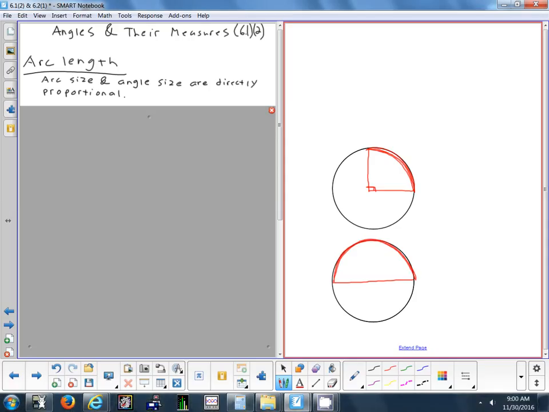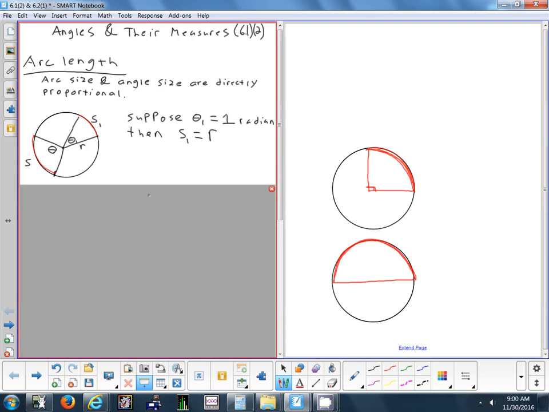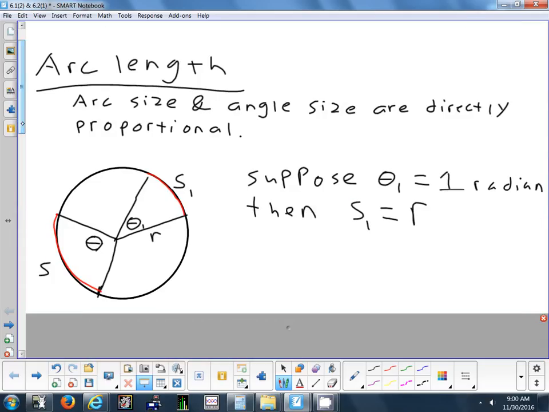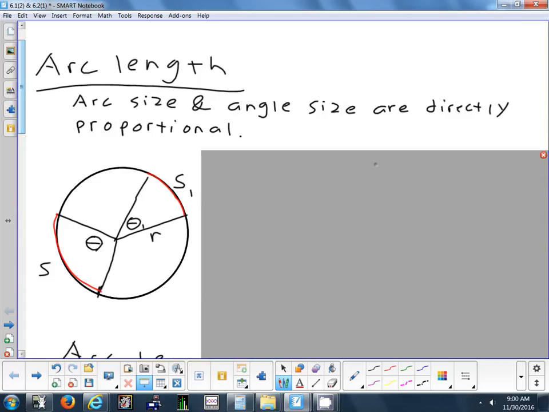All right, so that's going to allow us to set up a proportion, okay, to find a formula for arc length. Okay? So I'm going to start with that diagram. That diagram has a circle.